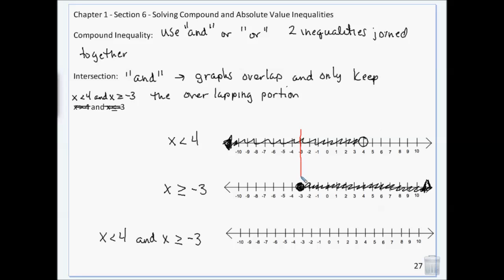So if we were to draw the only part that's going to overlap that the two graphs have in common is this part in between. So I go my open circle at 4, my closed circle at -3. And then 4 graphs this way, -3 graphs this way, so that tells me to graph in between. And this is the compound inequality. This is the only part that you keep.